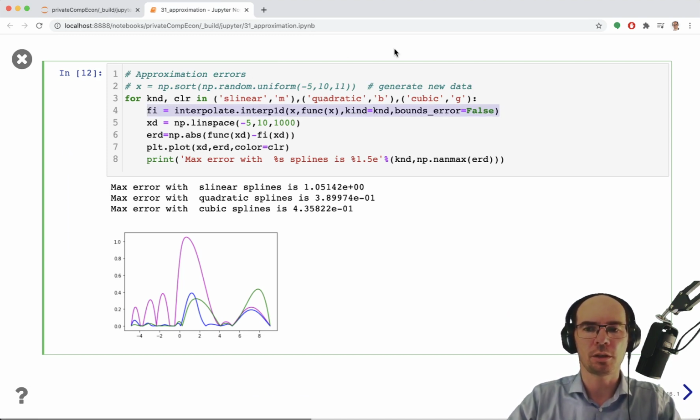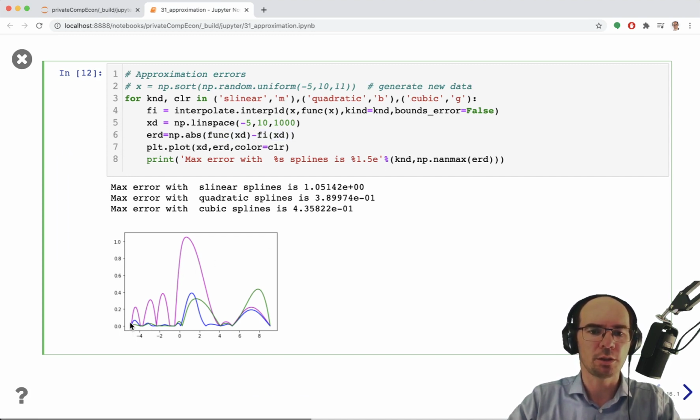First, we create the interpolant function, and then for the xd, which is a really dense grid on the same interval, we're computing the absolute difference between the functional value and the interpolated value at the same point. And then we're just plotting this. And as you can see, I believe the colors are the same.